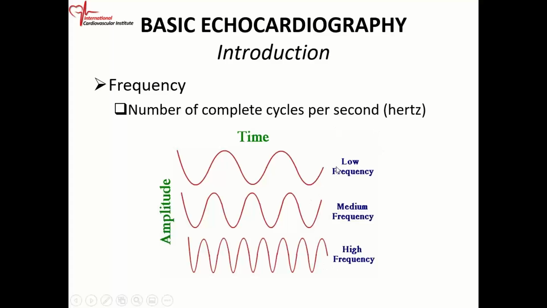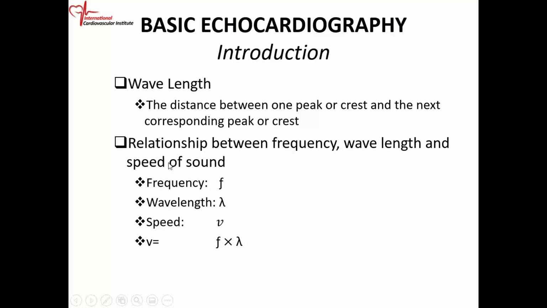So this would be a low frequency situation. This would be a medium frequency, and this is a high frequency. Again, the definition for frequency is the number of complete cycles per second. So you have 1 second and you just count the number of cycles, and that's straightforward.